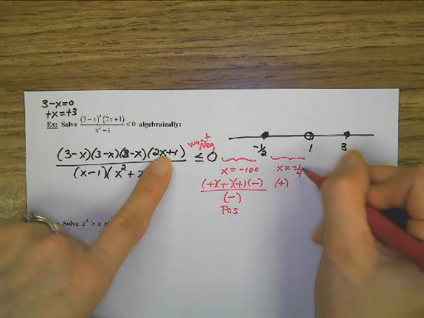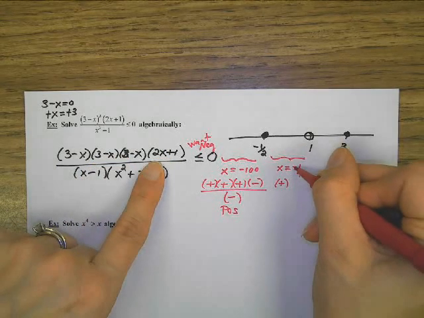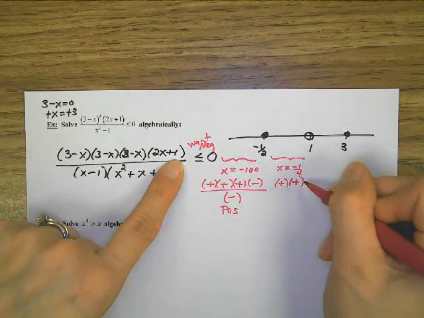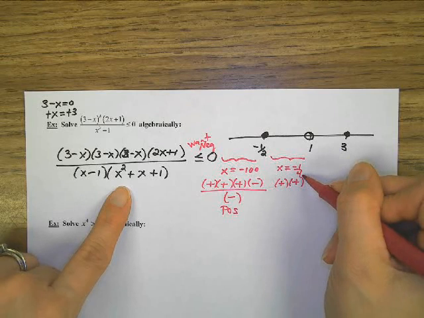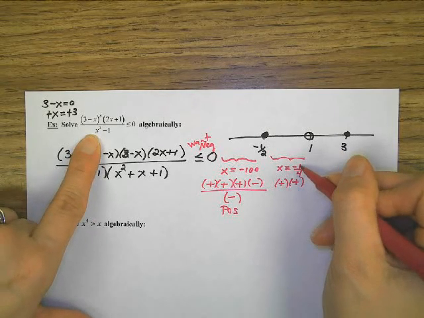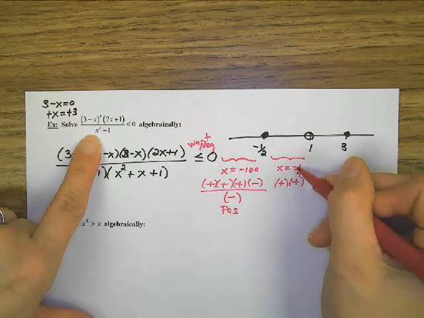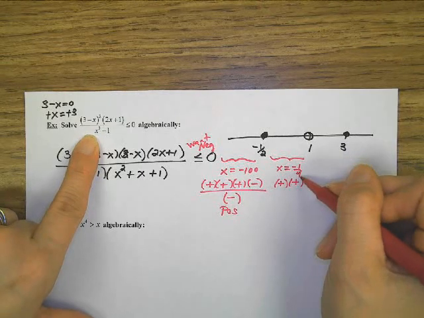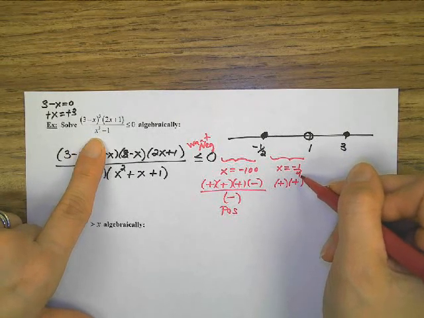A negative times a negative times a negative is going to be negative 1 over, what is that? 16 times 4, that's 64. A negative fraction minus some more, that's definitely going to be negative. So this section is negative. Oh, that's what we want, so here's a good section.